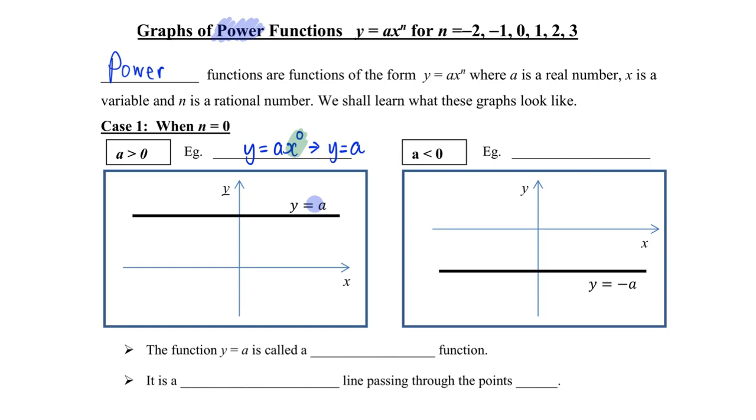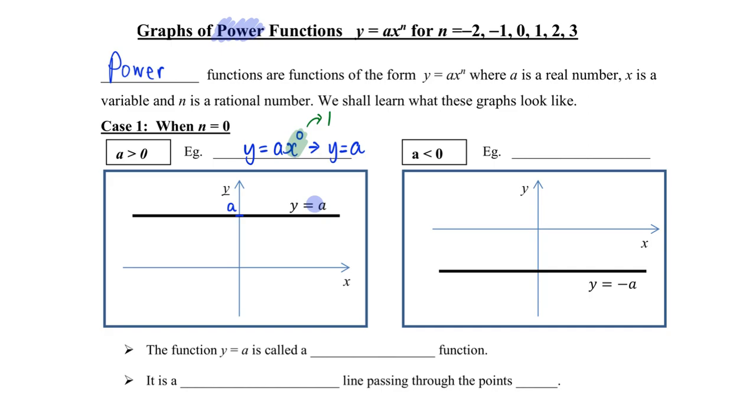So x to the power of 0 becomes 1, and a times 1 is a. So this y equals a cuts the y-axis at a, and there are some observations that we can see.